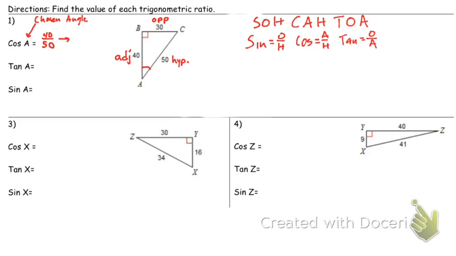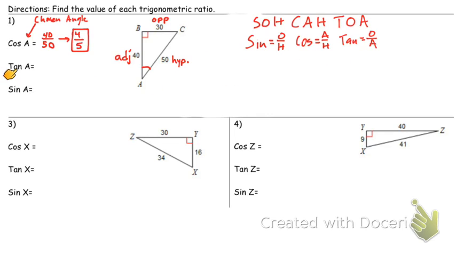So the proper answer, if I reduce by 10, is 4 over 5. So all we're doing is finding the formula. We're not pressing any buttons of sine, cosine, or tangent on our calculator. For these problems, when it just asks you to find the ratio, they just want the fraction based on our formulas over here.